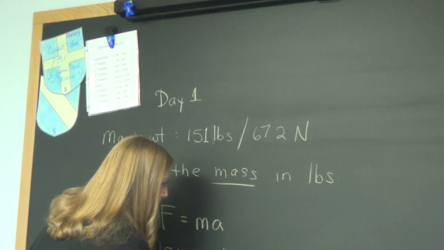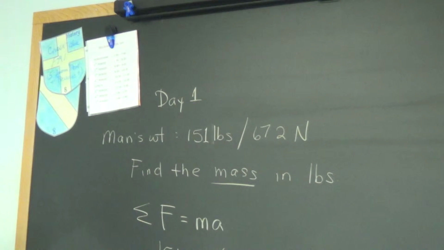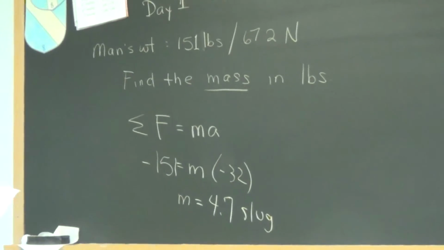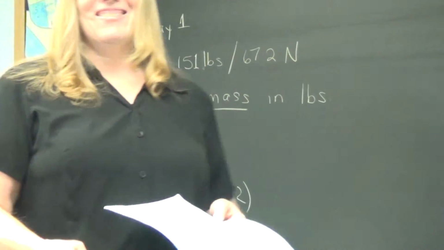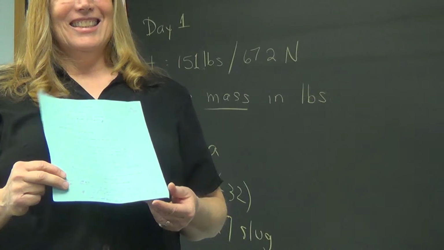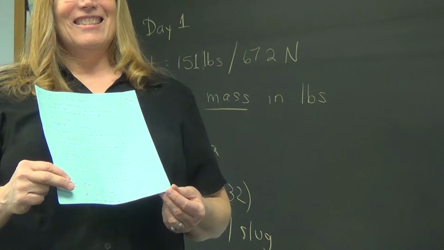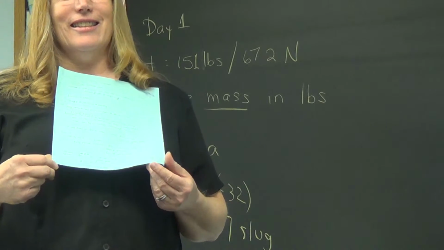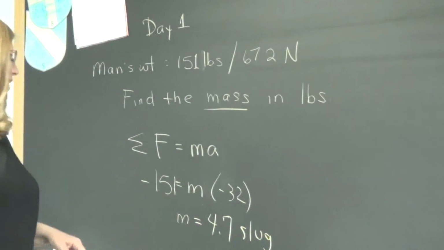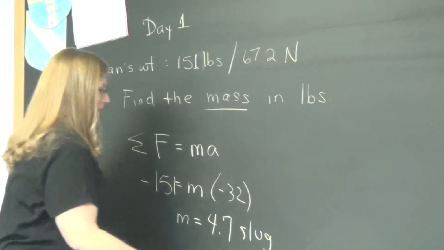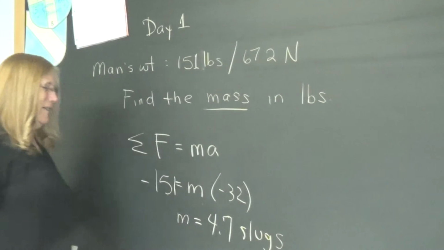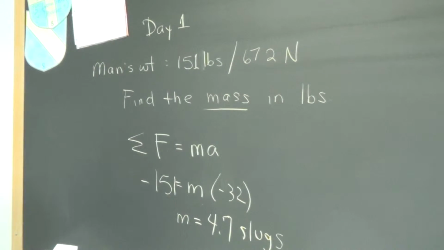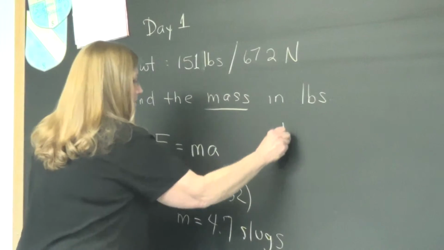So we have a 4.7 slug man. Is there such a thing as slugs, or is it just slug? You say slugs. Okay. But you can also say a 4.7 slug man. So you just take your 4.7 slugs. All right, let's go over.